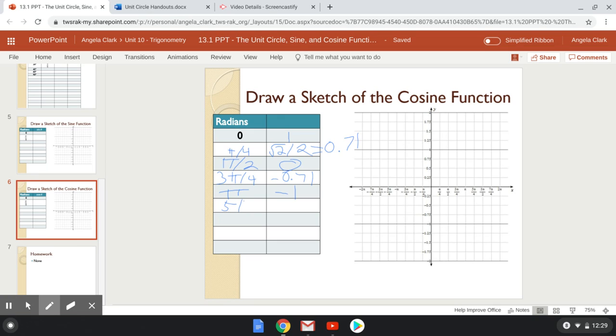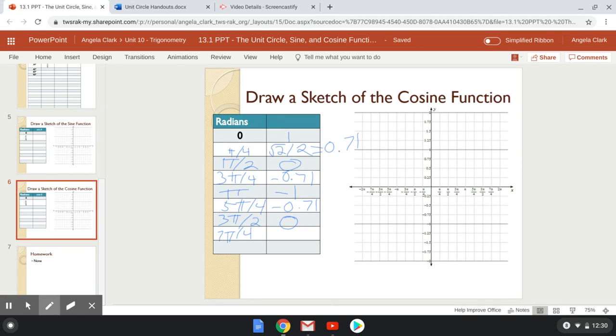5 pi over 4. So all students take calculus. We're in the third quadrant. Tangent is positive, which means cosine is negative. 3 pi over 2, negative y-axis, x is 0, so cosine is 0. 7 pi over 4.